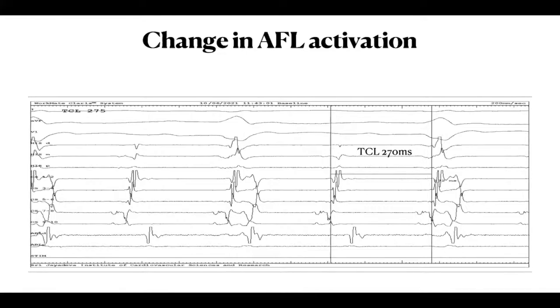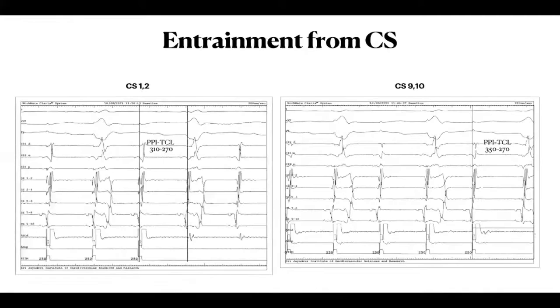But we still had to rule out the RA, so we again entrained the flutter from CS 910 and CS 12. But this time, CS 12 had a PPI minus TCL of 310 minus 270, and CS 910 had a PPI minus TCL of 350 minus 270.